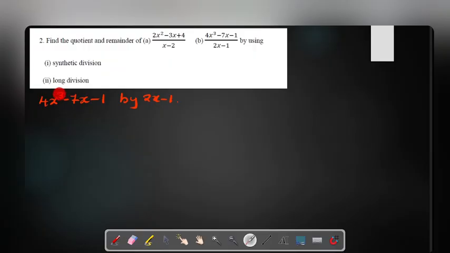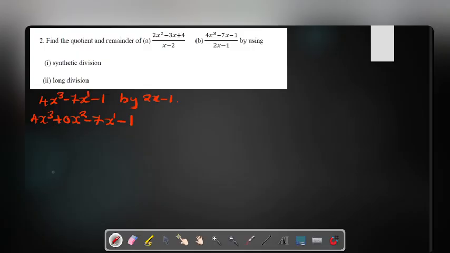Make sure that the next power that follows is 2. We can see that in this function the next power following is 1, meaning that power 2 is missing. So we introduce 0x: we say 4x to the power 3, then 0x with the power that is missing, which is 2, then minus 7x, which has power 1, and minus a constant 1.